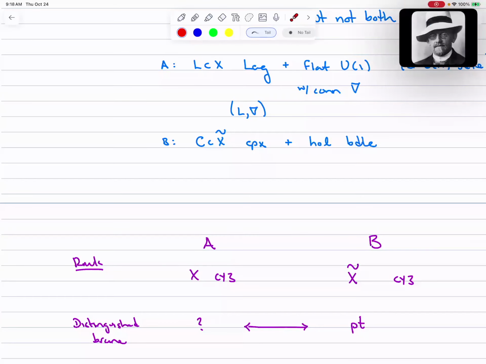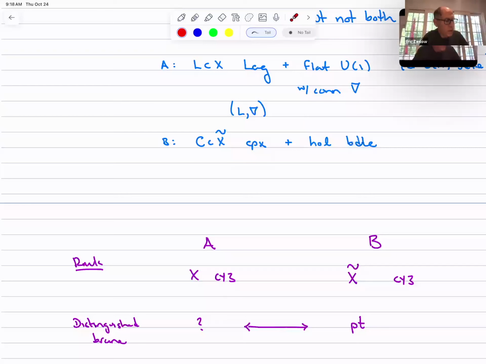Can you explain again? Sure. Let me recap what we learned. We said if there are mirror pairs, then they have to describe equivalent theories. That's what we mean by mirror symmetry. And that equivalence must respect all the structure of the theory. That structure is encoded in part by this set of possible boundary conditions.